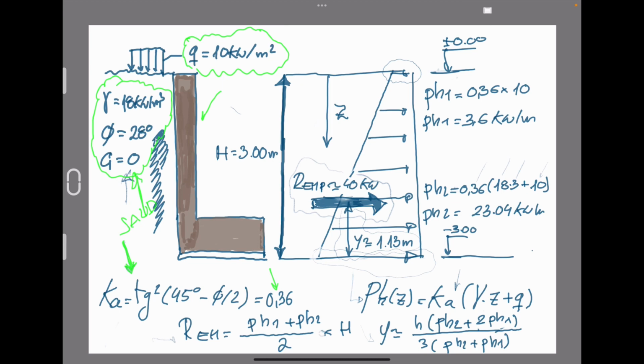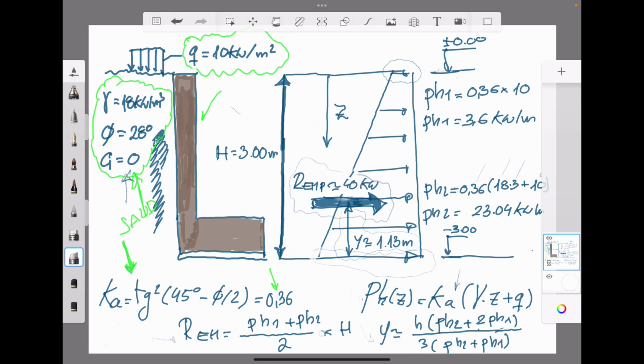As we have previously discussed, we have here the linear relationship between the vertical pressure and the horizontal pressure at a certain depth.